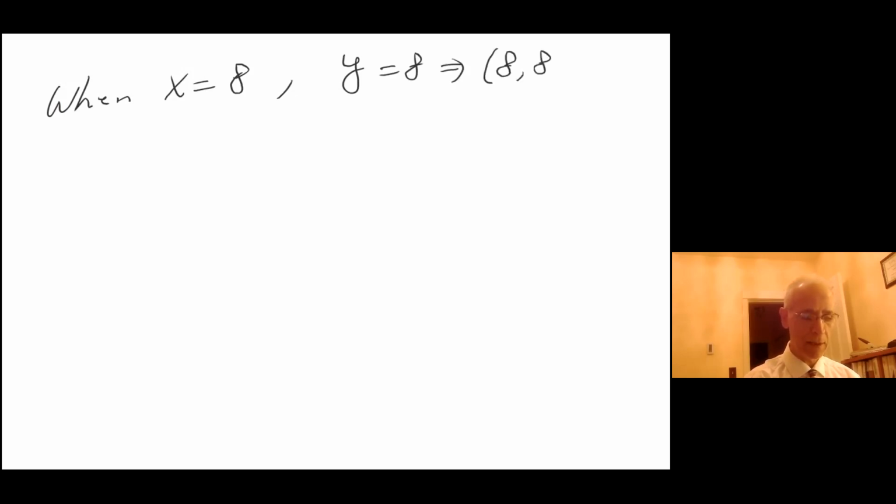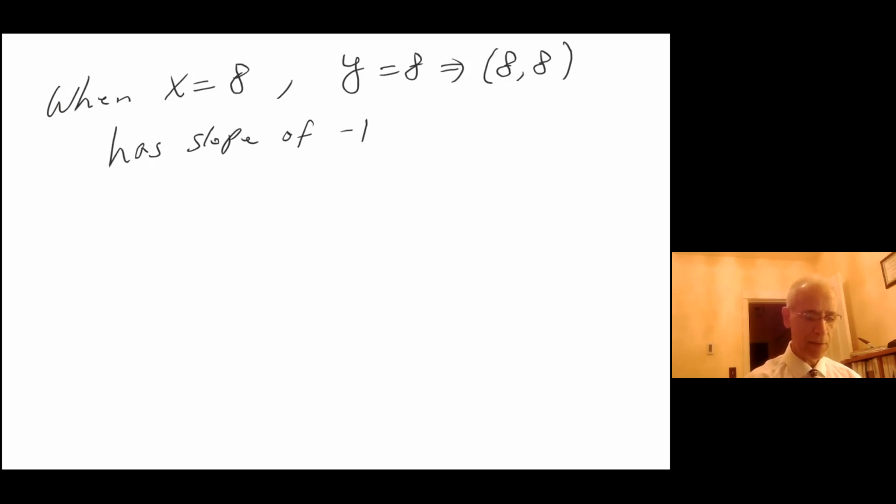So when x equals 8, if you plug it into the original problem, you have y equals 8. So it follows that (8, 8) has slope of -1.